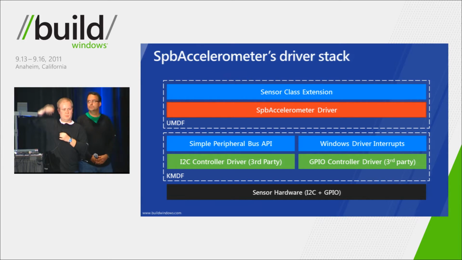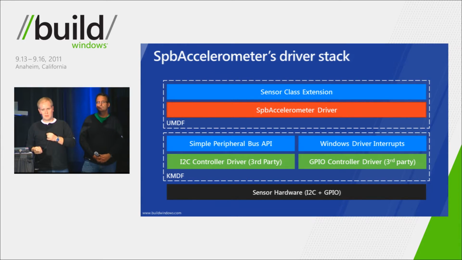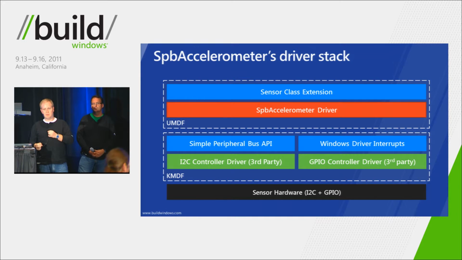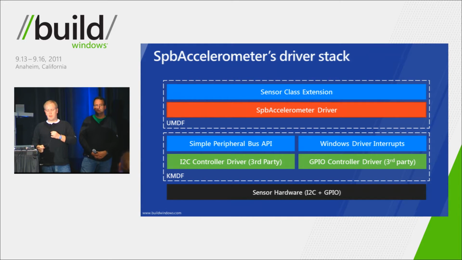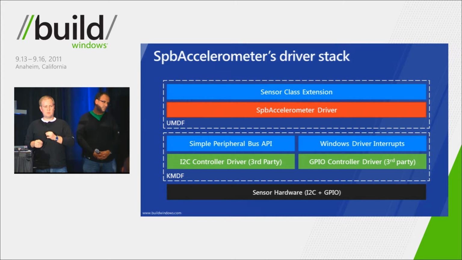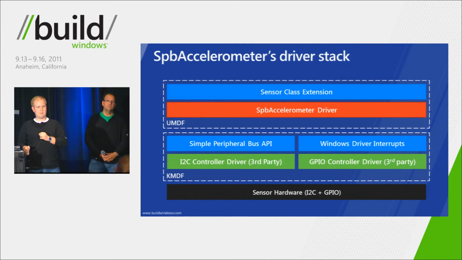The upper edges would be the input stack, and that's already in box and ready to go. All you have to do is implement firmware, and then your manufacturer of the computer has to put the right stuff in ACPI, and that's it. The only third-party component are those controller drivers, which will be taken care of in advance.